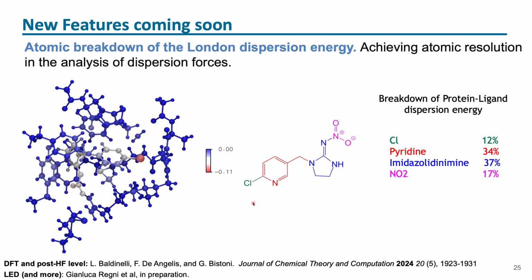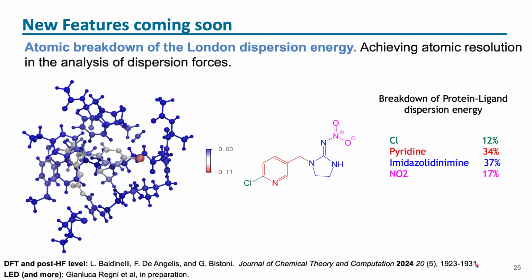The first new feature that I would like to mention is a tool for the atomic decomposition of the London dispersion energy. So at the DFT level, the analysis is already available through Python scripts that you can access via the GitHub link provided in the original publication. However, we will soon also release this feature within ORCA.